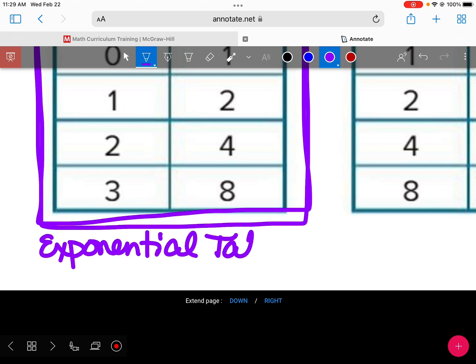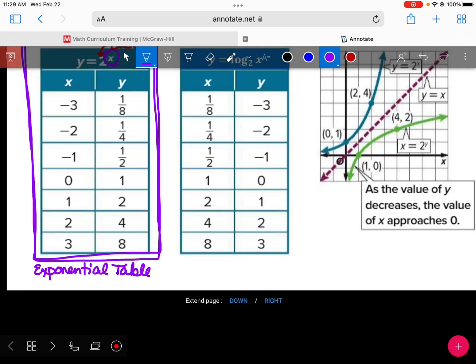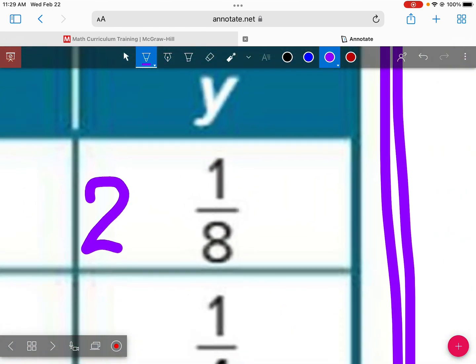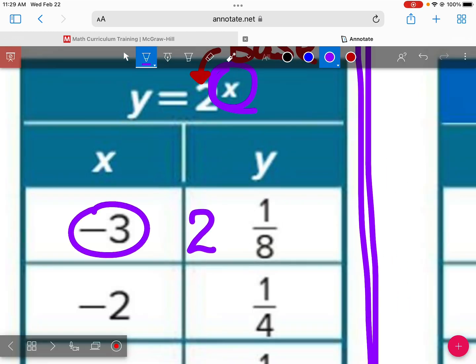We learned how to make exponential tables in Module 7. Do you guys remember how we were getting these numbers on the y side when we did our exponential tables? What was the base again? 2 to the x. The base is 2, and then we take it to the power of x, so 2 to the negative 3, and that's how you get 1/8.